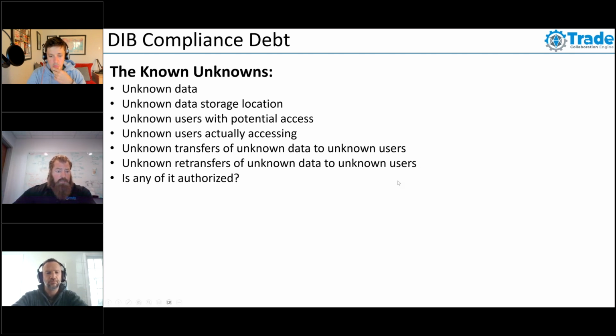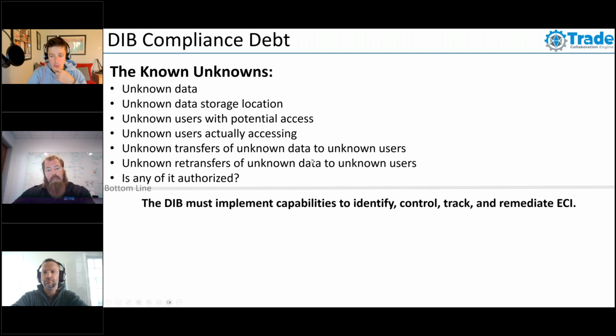And if you look at ITAR consent agreements, this is essentially what causes them. If you boil them down from an IT perspective, it's the known unknowns and whether or not any of these things are authorized.